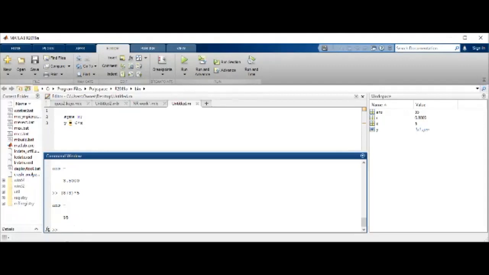Can you see it? You can see. Okay. If you are on the command window and you type something, you have to press enter. Okay.